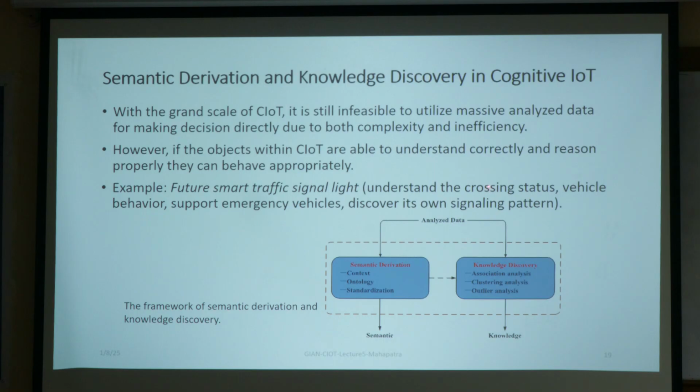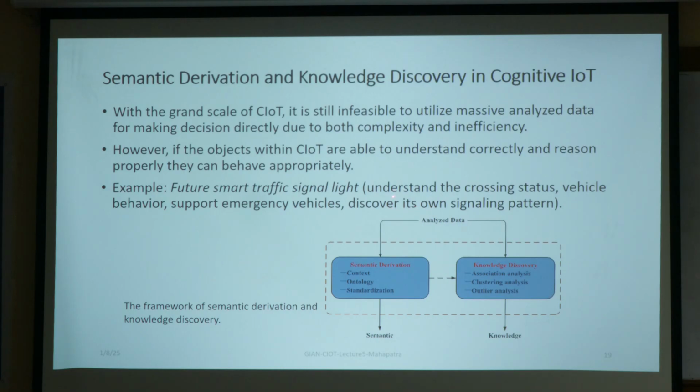If they can identify certain vehicles, they have to give way to those vehicles before crossing the cross point of the traffic. Using that information, they can discover or decide their own signaling pattern, whether to move, stop or slow down.